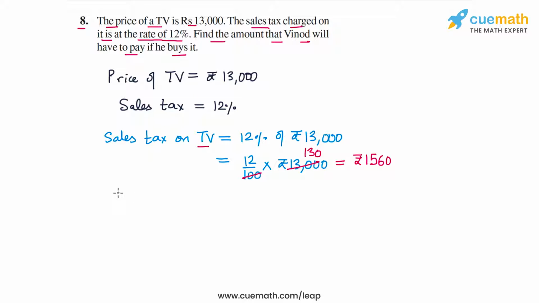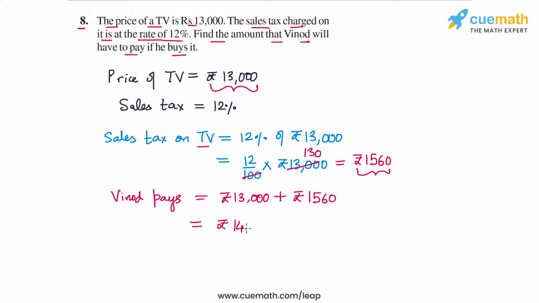So the total price that Vinod will have to pay for this TV will be rupees 13,000, the price, plus the sales tax amount. So rupees 13,000, which is the price of the TV, plus the sales tax amount, rupees 1,560, and this is equal to rupees 14,560.